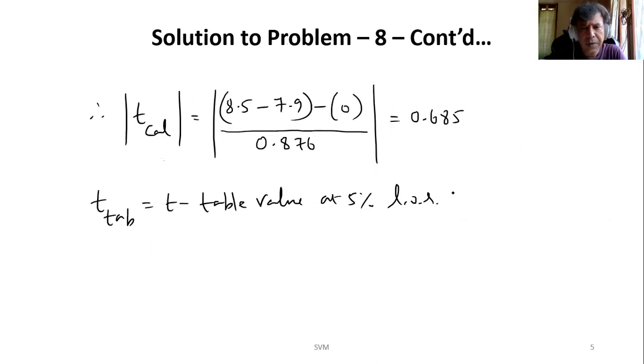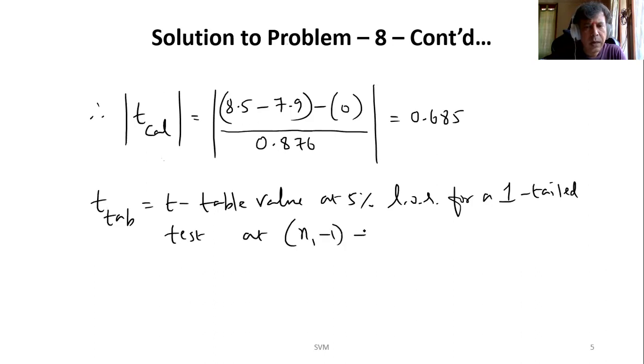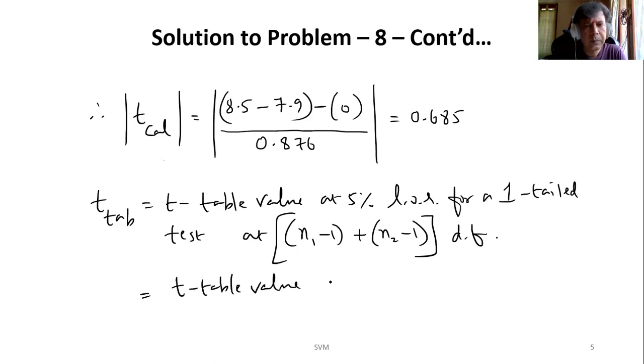At 5% level of significance for a one-tailed test at n1 minus 1 plus n2 minus 1 degrees of freedom is equal to the t table value at 0.05 LOS for a one-tailed test.